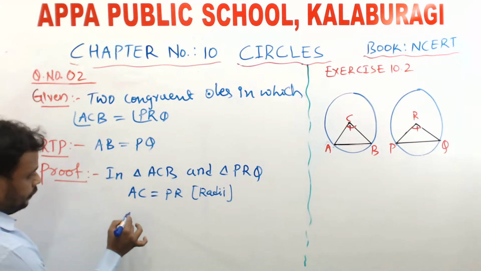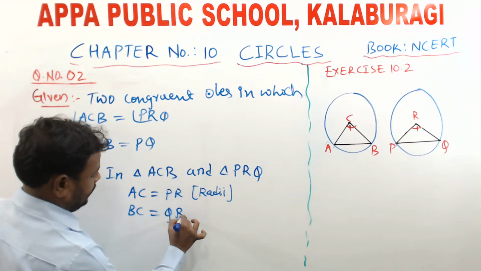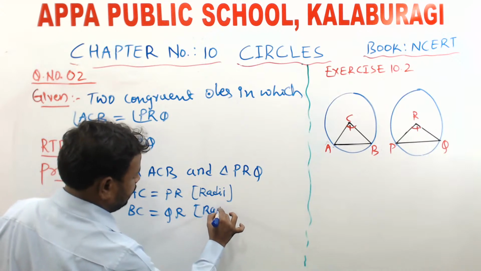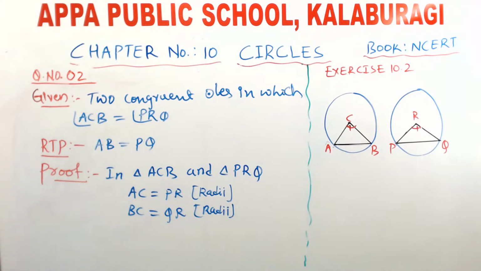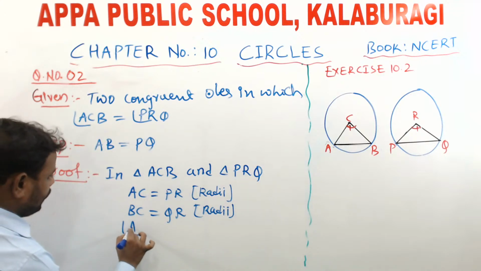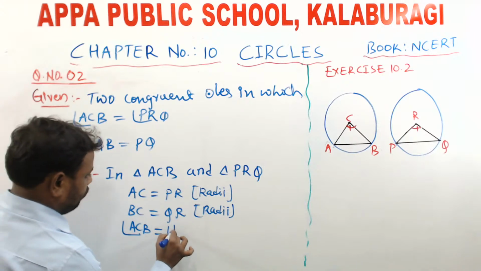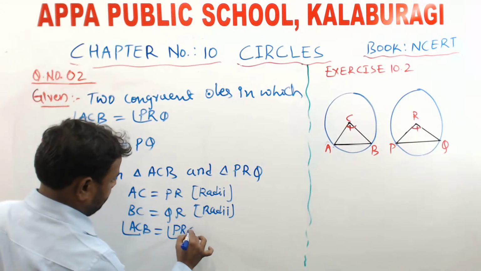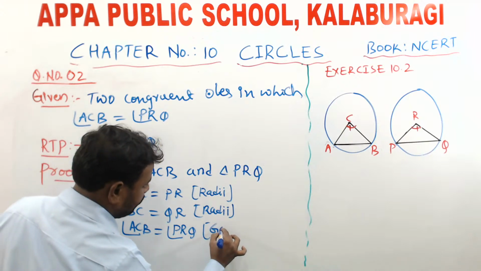You can also write RP, but I will write it order-wise. Next, BC is equal to QR, that is also radii. The next one, listen here. They have given angle ACB is equal to angle PRQ. Yes, that you have to write as given.